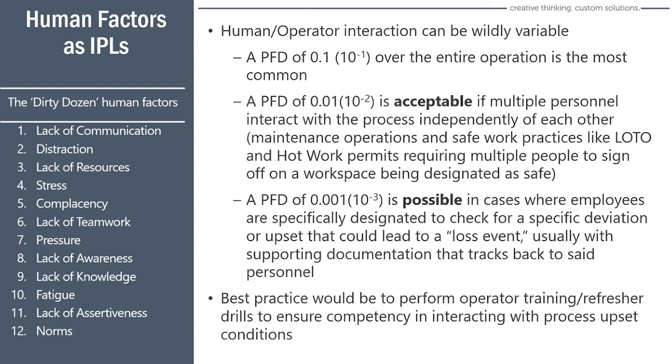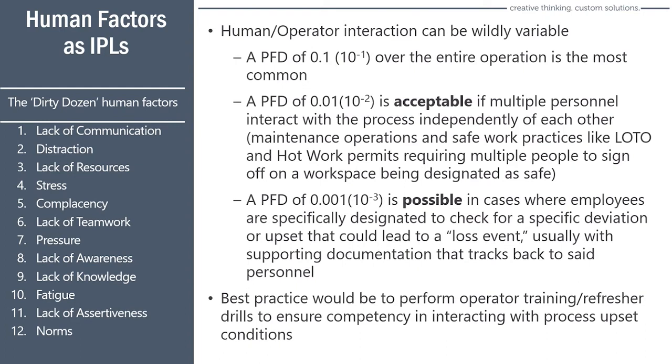And if you have a process where you are relying on manual intervention as your key means of control, you have to really think about whether or not you are going to meet your tolerable risk criteria for control of this process.